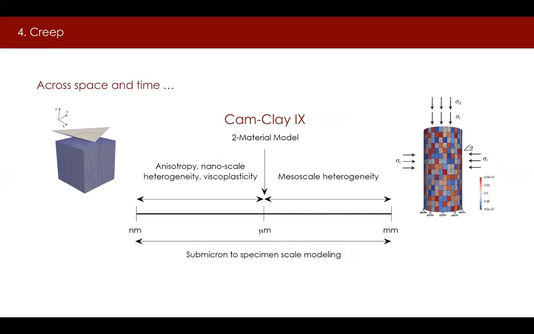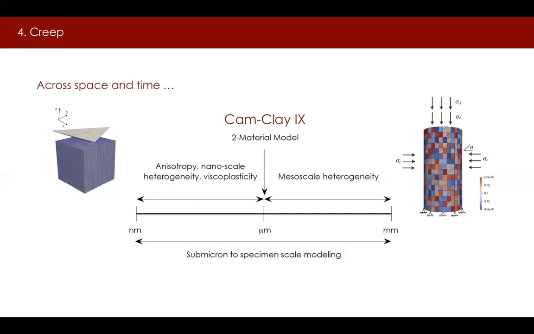CAMCLAY-9 is a mesoscale model, herein understood to be the micrometer scale. Since nanometers and millimeters are 6 orders of magnitude apart on the metric scale, we need a model that lies in between these two endpoints. Otherwise, the jump from nano to milli would be too drastic.